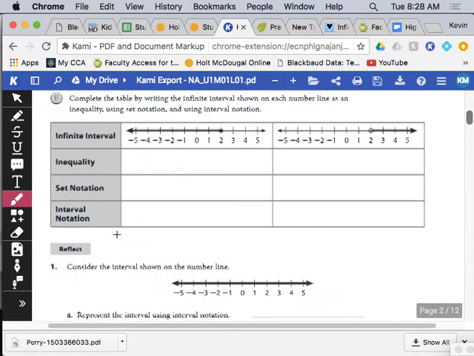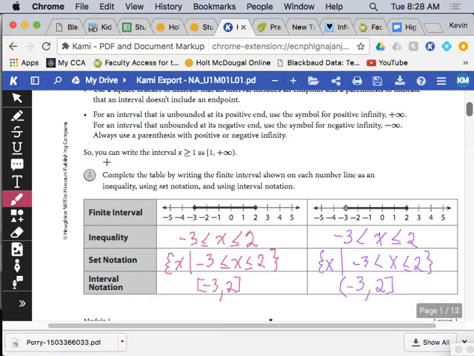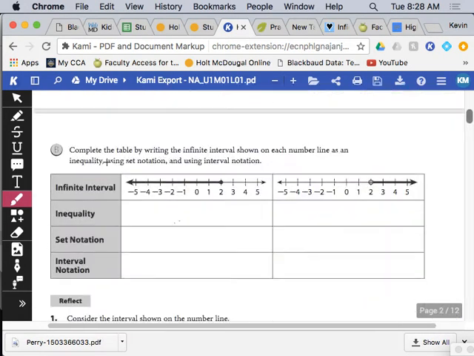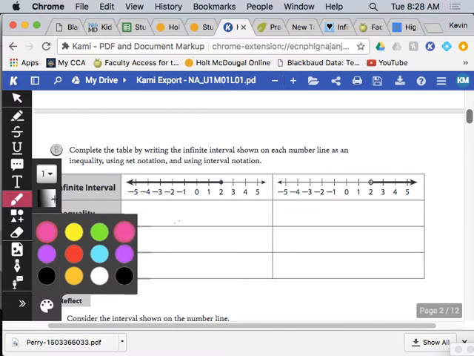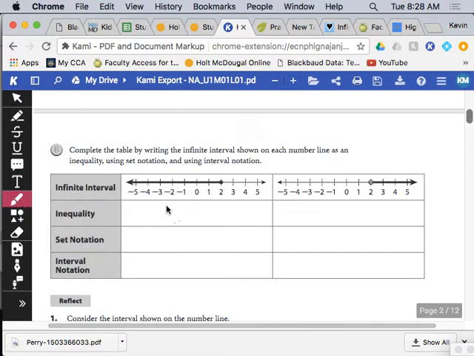So next, before we had a finite interval. Our next example, we have an infinite interval. We're going to start with the inequality. Now, do I have a starting point of my interval, class? No. So I don't have to be concerned with where it starts, because there's no starting point.